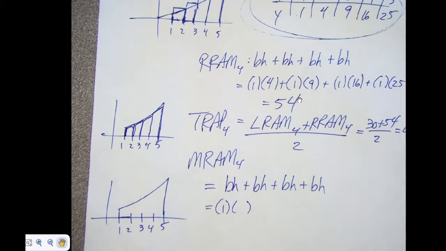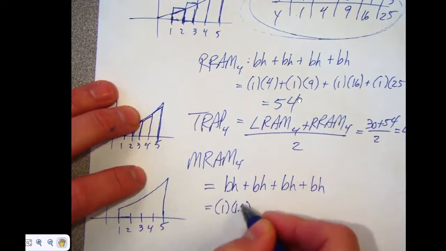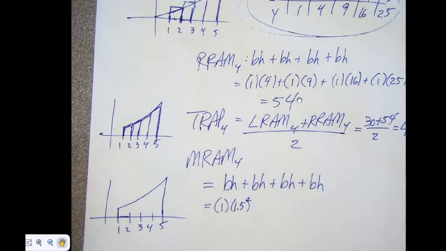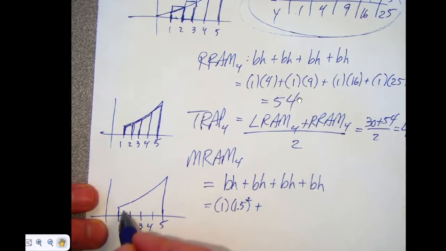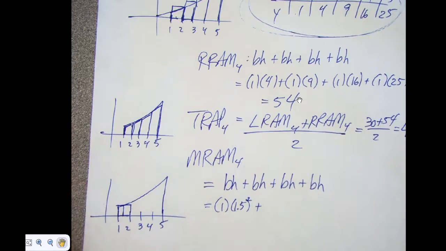So the x value that determines the height of this rectangle is 1.5. What y value does that give us? You can just go 1.5 squared, which is 2.25. Then I'm going from the middle, and that's my height each time.